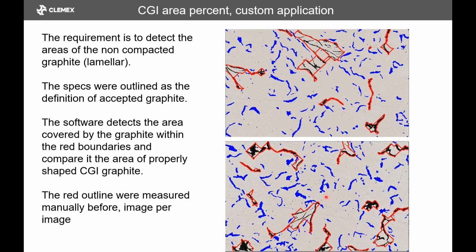So that would be the definition of compact graphite flakes. And then you can see the ones that are long here are isolated. So the idea actually was quite a benefit for them, because before they used to sit down in front of pictures and draw all of those manually. So this is done automatically now.